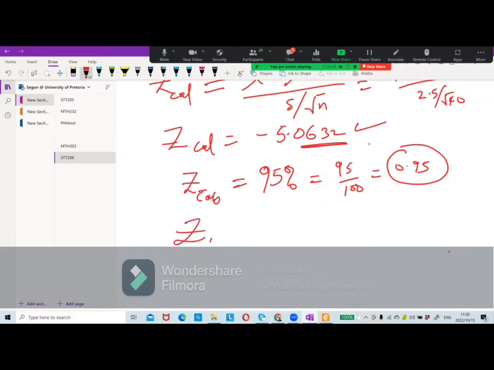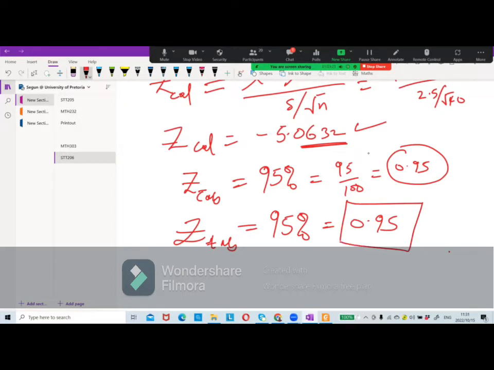Now, Z tabulated is equal to 90. They said confidence interval is 95%, which is the same thing as 0.95. In the case of Z, where do we get 0.95 on the statistical table? Everybody go to your statistical table.